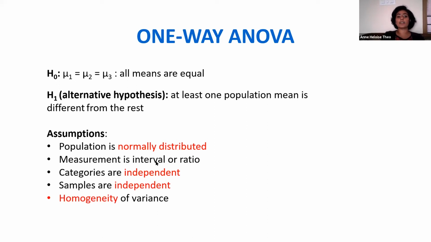Then there's the assumption that the categories are independent. For example, in the hypothetical test that we did, the 3 categories were 3 separate populations from 3 different localities, so these categories are independent.